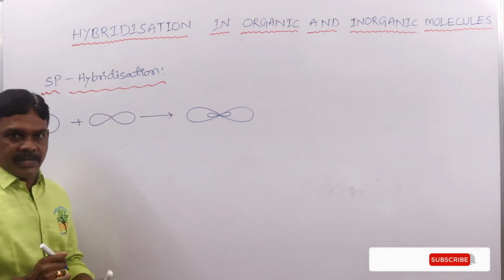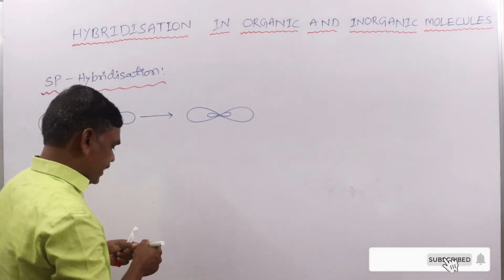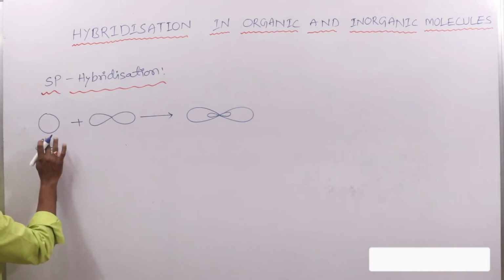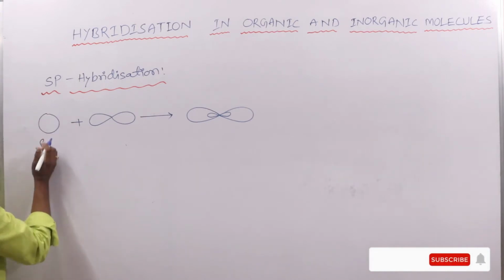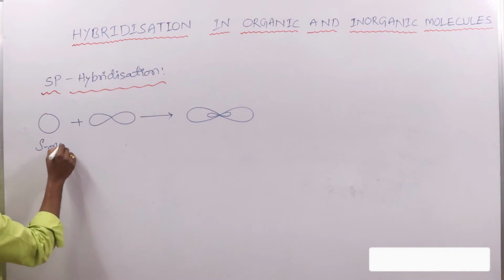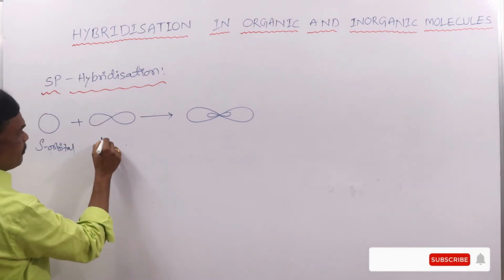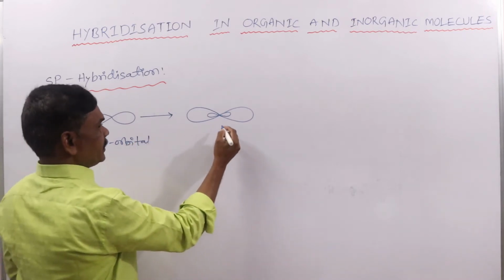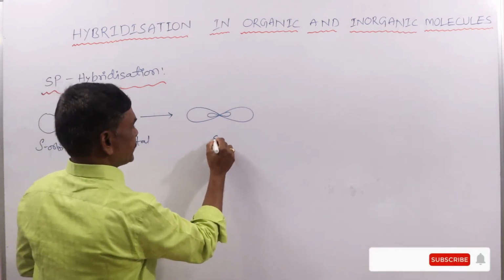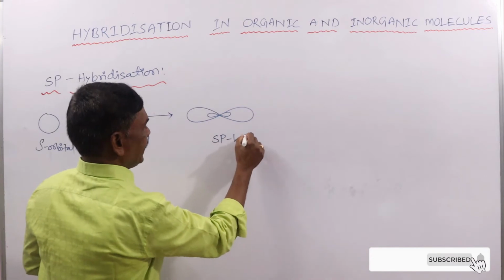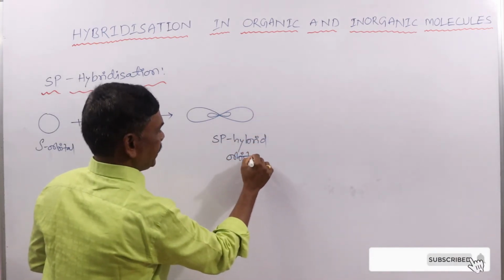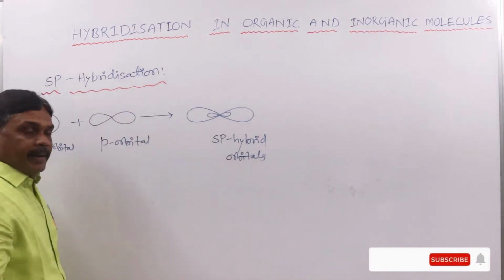Now this is an s orbital, and this is a p orbital. This is known as sp hybrid orbitals.